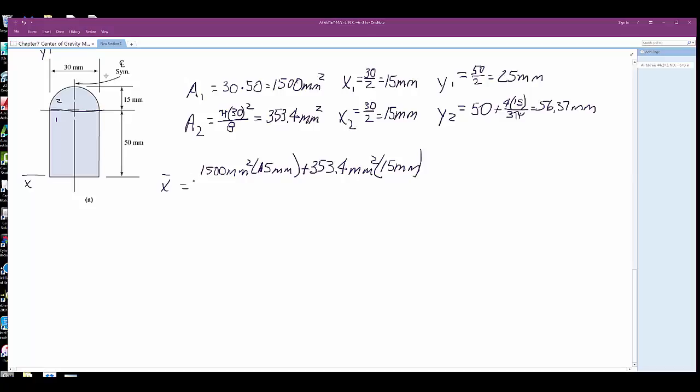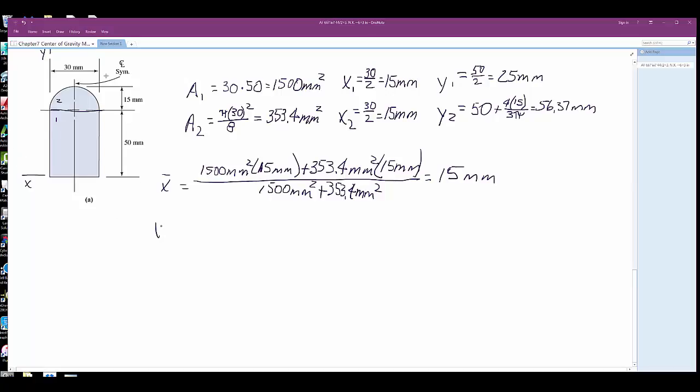All that divided by the two areas, which is 1,500 square millimeters plus 353.4 square millimeters. You do the math on that, you find out that X bar is 15 millimeters, which you probably would have figured just by looking at it.